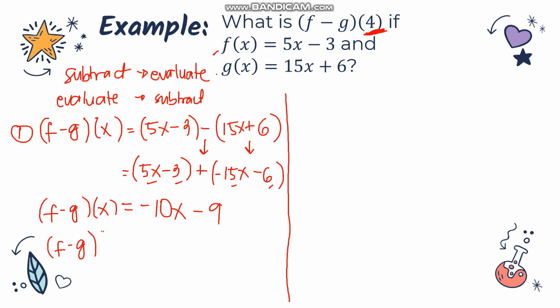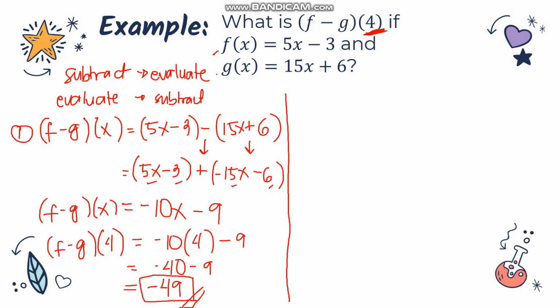So f minus g of 4, and then substitute negative 10 times 4 minus 9. So this is just negative 40 minus 9, or negative 49. So this is our answer if we do the first method, which is subtract and evaluate.